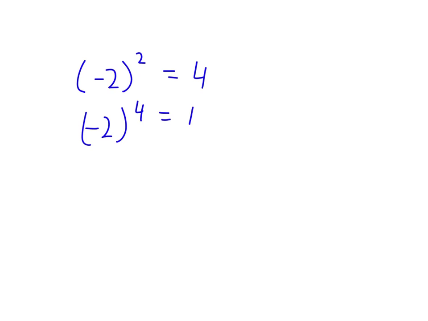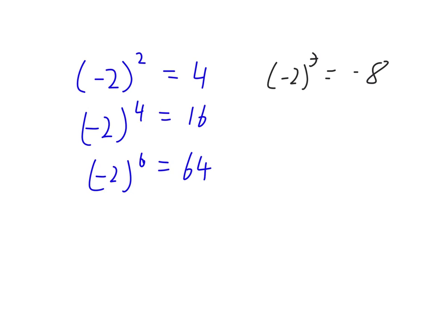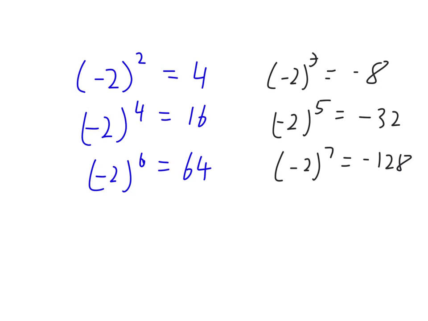Just a couple of tips with that previous question, part C. Remember that if you've got a negative number to an even power, the answer will be positive. But if you've got a negative number to an odd power, the answer will be negative. So that's a good thing to remember.